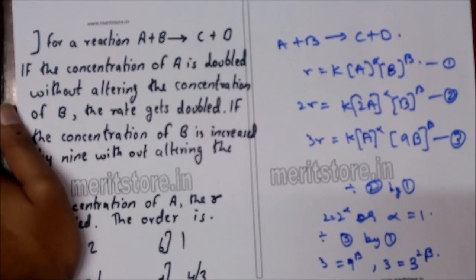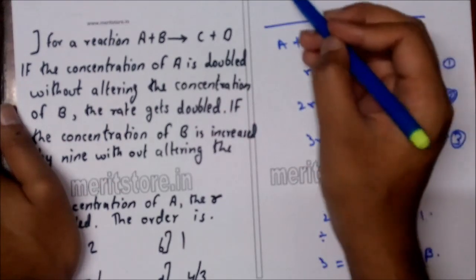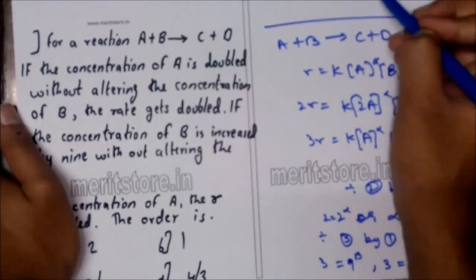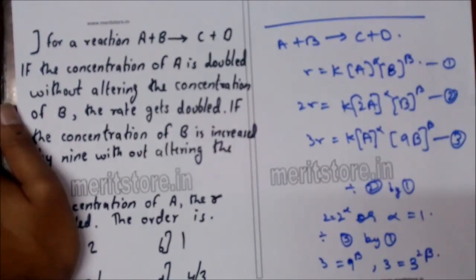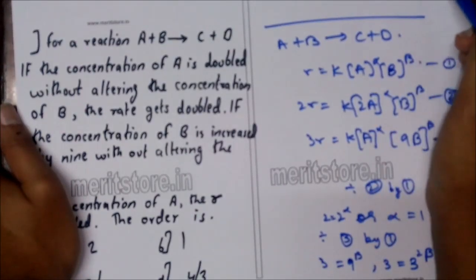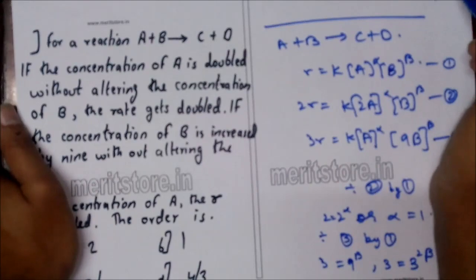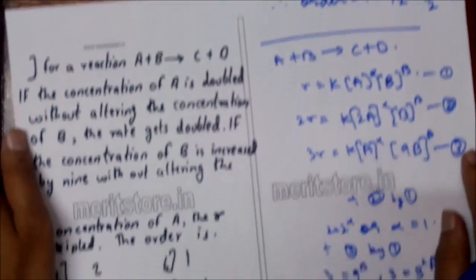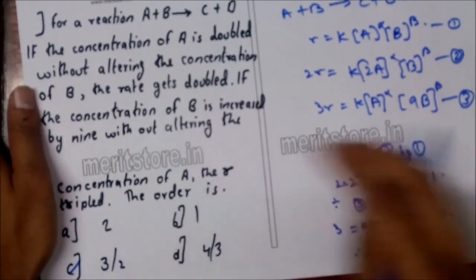Therefore, beta is equal to half. Therefore, order of reaction is equal to 1 plus half, that is alpha plus beta, equal to 3 by 2. So option C is the correct answer.